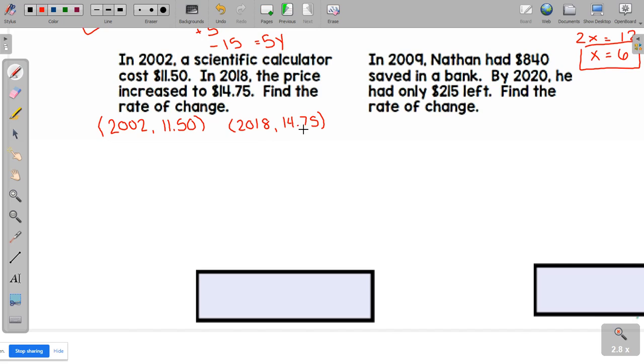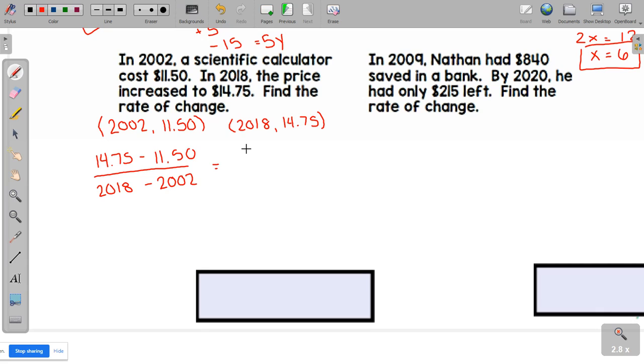Now we're going to do the slope formula, y sub 2, so 14.75 minus 11.50 over 2018 minus 2002. Now we're going to subtract.